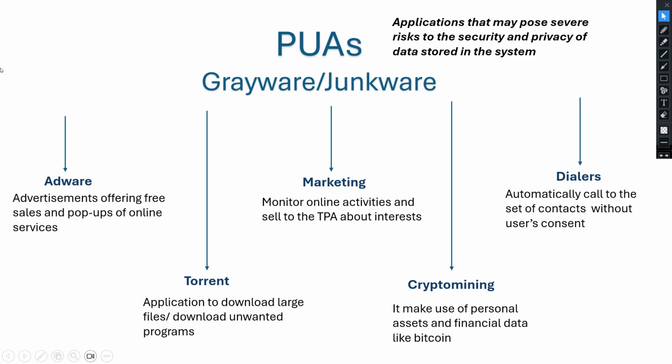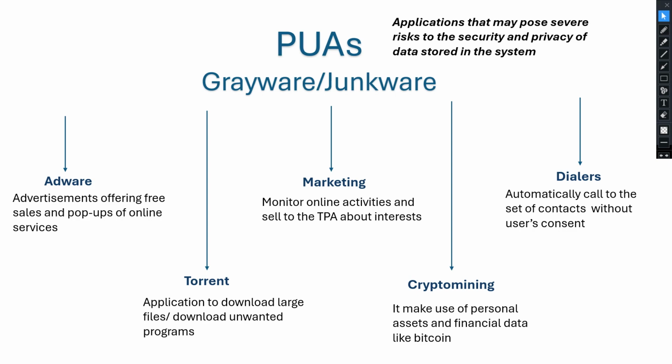Let's brief this in detail. PUAs can degrade the system performance and compromise the privacy and data security. PUAs can covertly monitor and alter the data or settings in the system, similar to other malware.